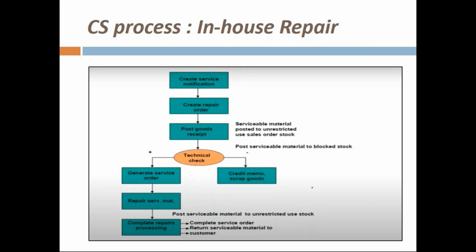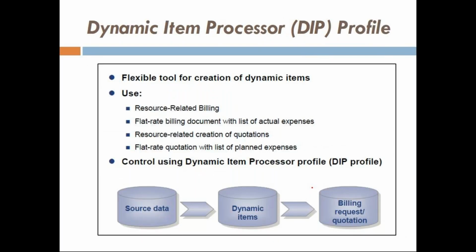And also, when we are discussing these end-to-end flows, what configuration settings and what master data settings you have to do, all those things we will discuss. After that, next one is the dynamic item processor profile, DIP. When you are doing the repair activity, the system will dynamically propose the price based on the number of hours, based on the number of resources you are using.